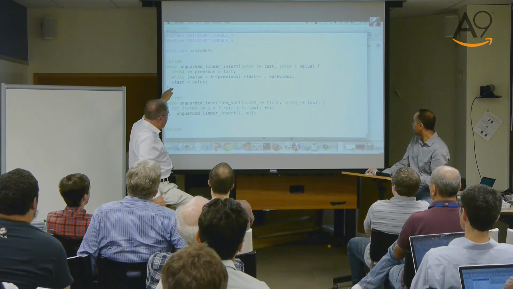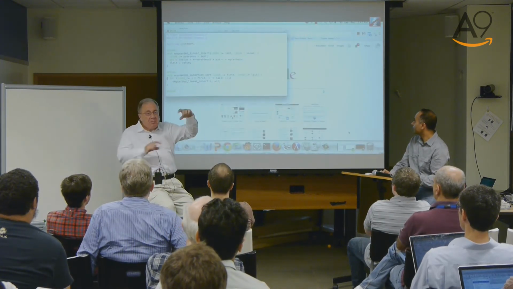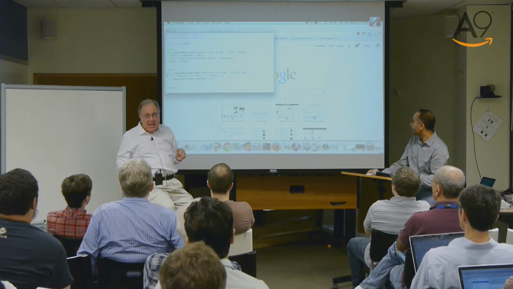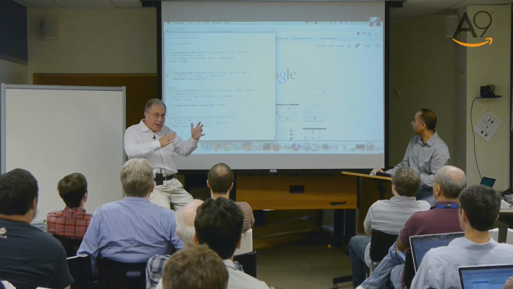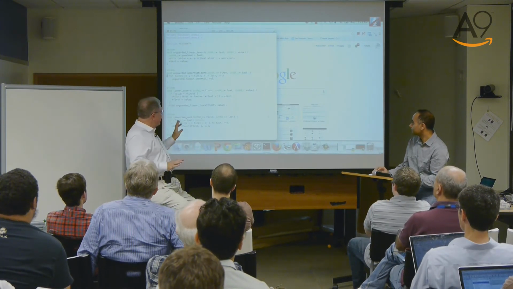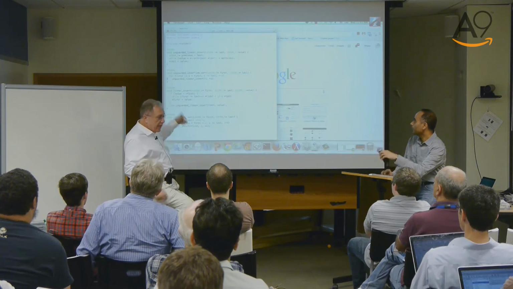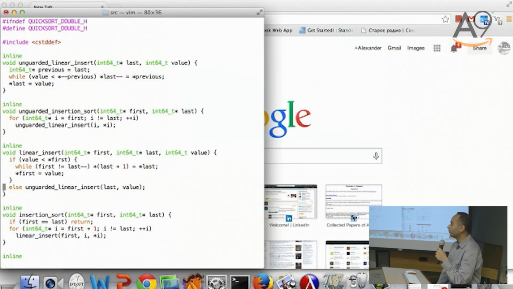Because what I'm trying to show is the little algorithmic pieces. Then we will compare them side by side a little bit later on. We'll look at, say, Java versus C++. Right now, we're just looking at C++. So we start with insertion sort, because we need it at the bottom layer of quicksort.